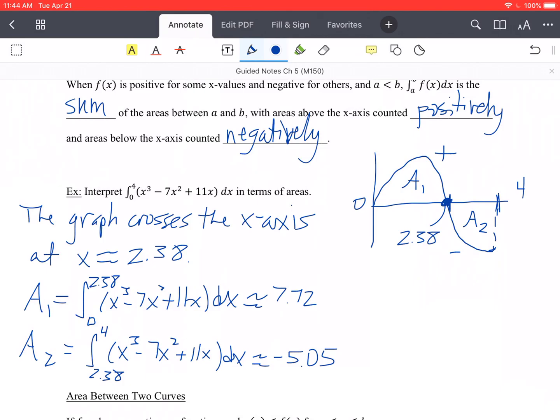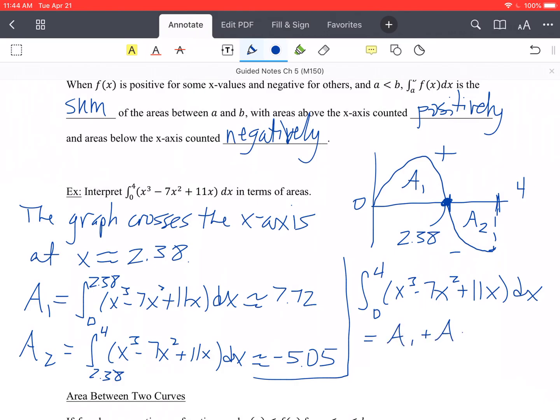So the value of the whole integral, the integral from 0 to 4 of our function, is just going to be the sum of these areas.